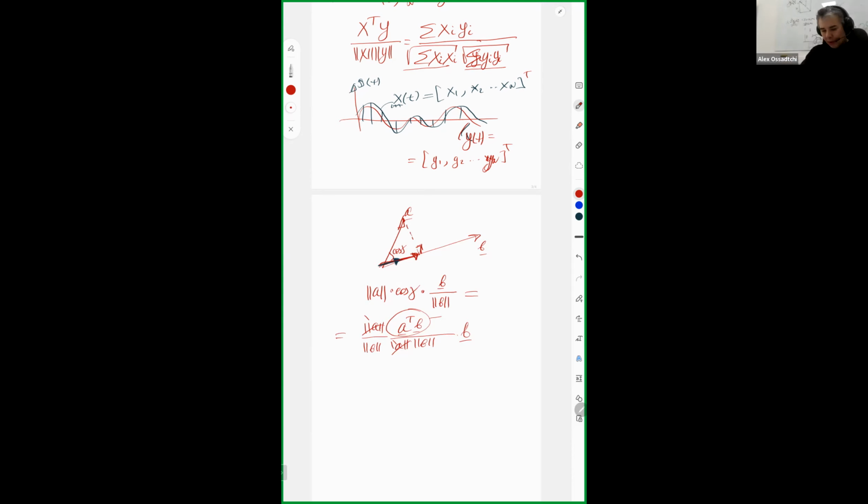This projection operation will be used very explicitly, but it will come in a different disguise. Conceptually, it lies at the heart of a lot of different methods.